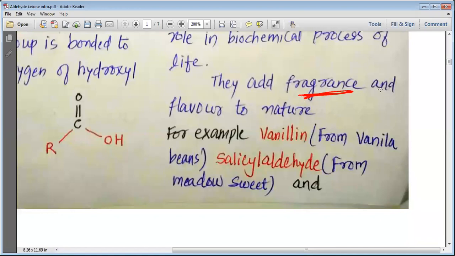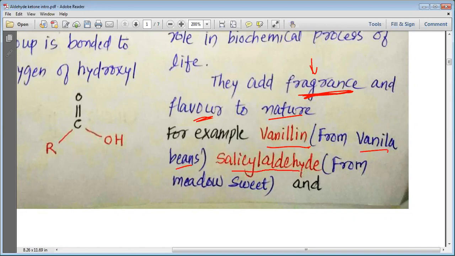Please remember, most fragrances, body sprays and other sprays which give us fragrance contain them, and they also give flavor. They are used as flavoring agents in nature. For example, we have vanillin. We eat vanilla ice cream or vanilla flavored cakes, which comes from the vanilla beans.